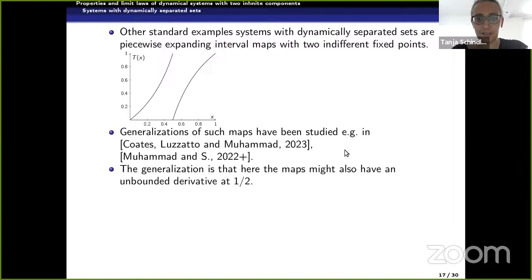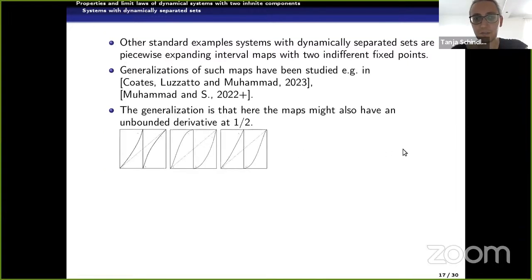And here, also in this preprint by myself, we don't only look at piecewise expanding interval maps, but we also look at maps where we could have, here at 0.5, an unbounded derivative.